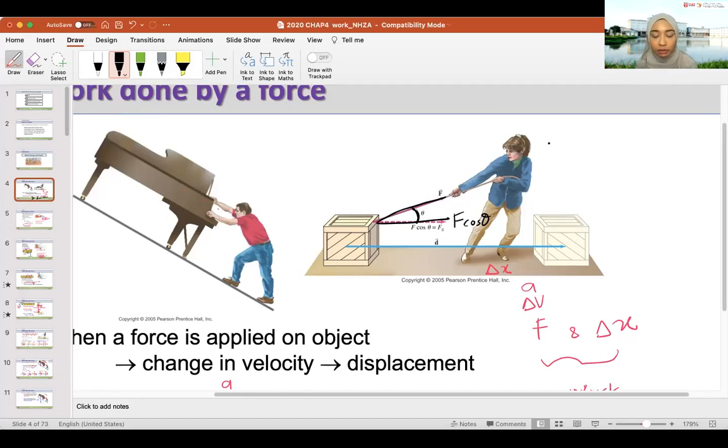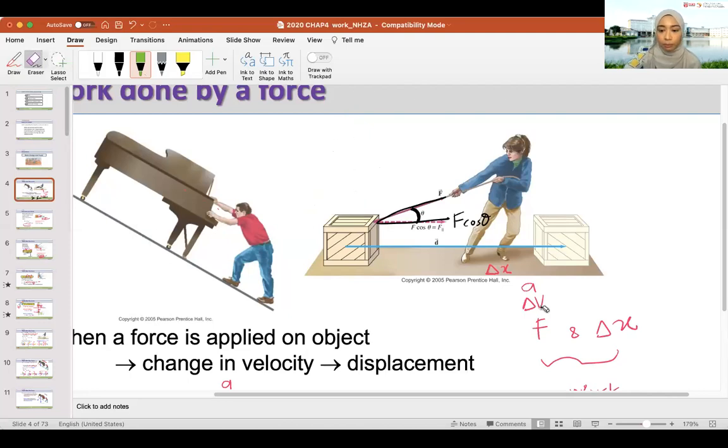So don't get confused here. If you see it refer to the x-axis, it's because it wants the angle between the vectors, not necessarily with respect to the x-axis. So if your displacement was like this, delta x, and your force was like this, I don't know what axis this is, but this is the theta because this is the angle between the two vectors. Okay, so this is the definition of dot product.